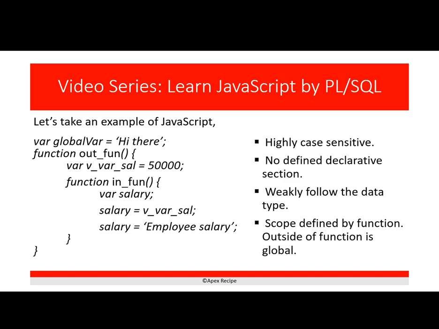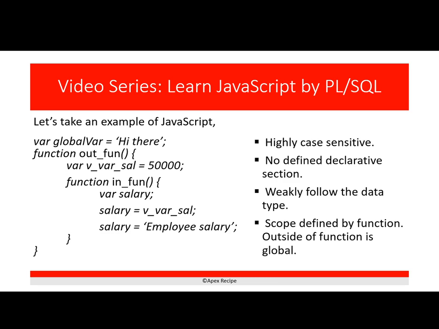That means see this variable, var salary. In the salary variable, firstly we assigned a number data type. On the second line, salary is assigned a string, but it will not raise any error.